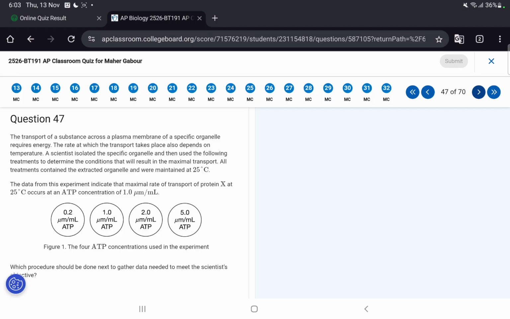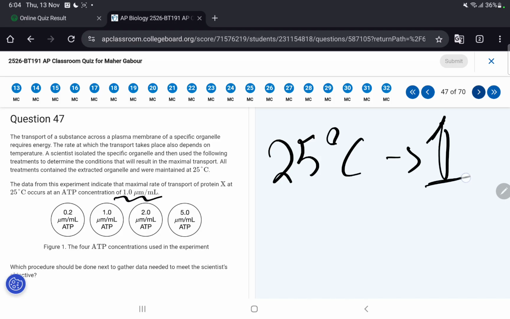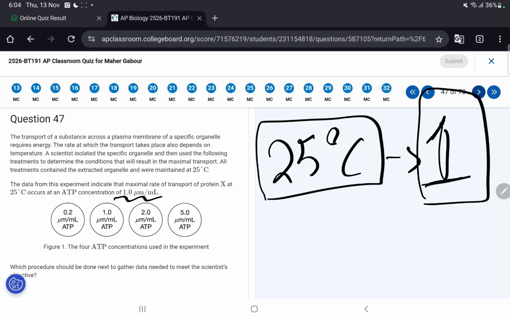The rate of exchange at 25 degrees Celsius was maximized at the concentration of 1. So we found the optimal concentration. But we know that the temperature also plays a role in transport rates.